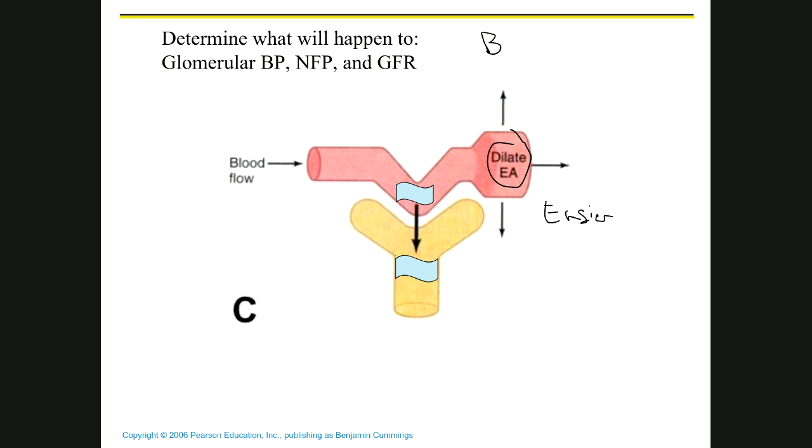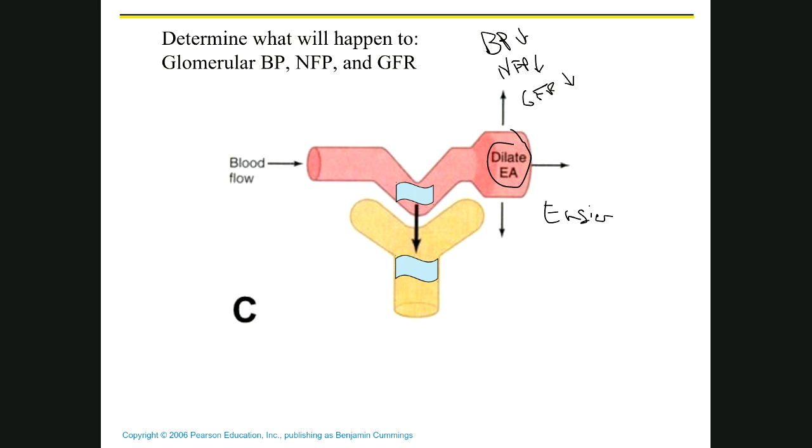What's going to happen to the amount of blood in here? It's going to go down. If blood pressure goes down, what's going to happen to net filtration pressure? It's going to go down. If net filtration pressure goes down, what happens to GFR? It's going to go down.